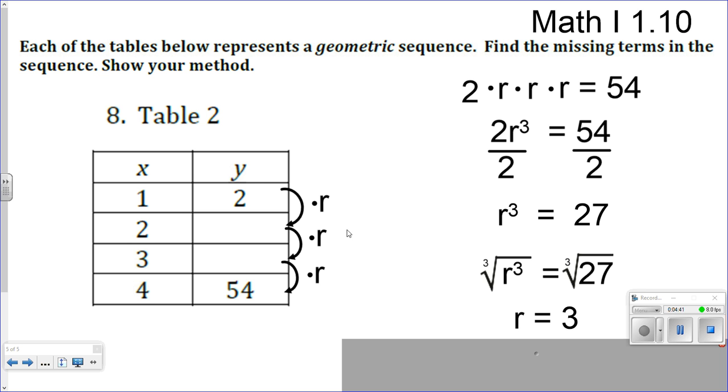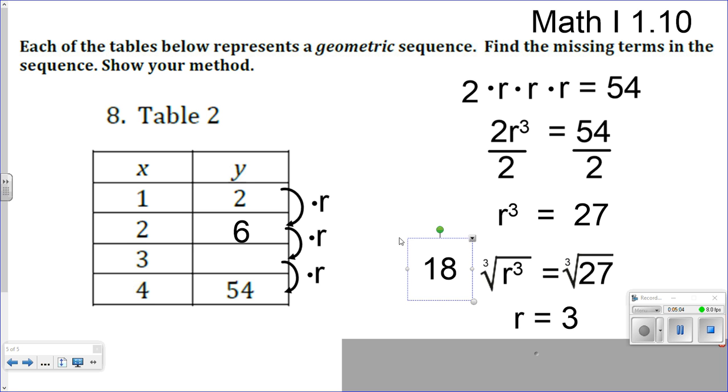If I take that common ratio and apply it to my table, I can very easily do that by saying 2 times 3 gives us 6, and that will be our second term. Then I can continue that pattern: 6 times 3, because our common ratio is 3, is 18.